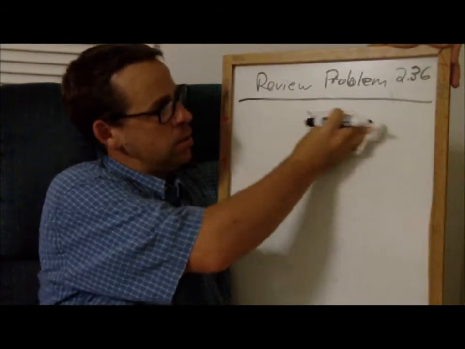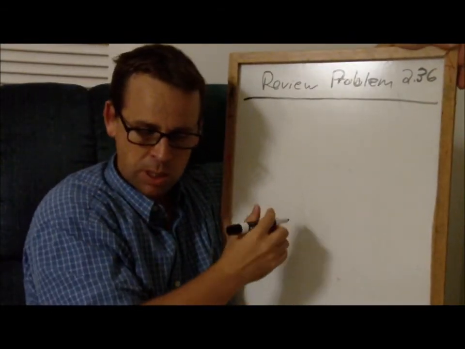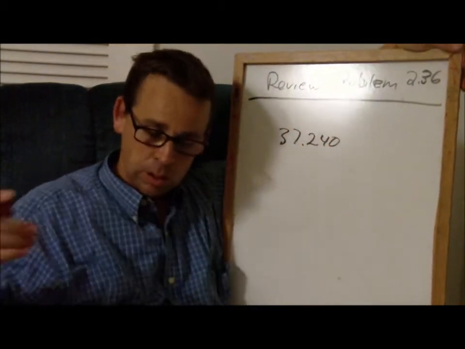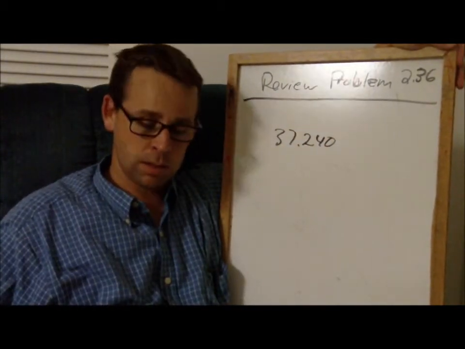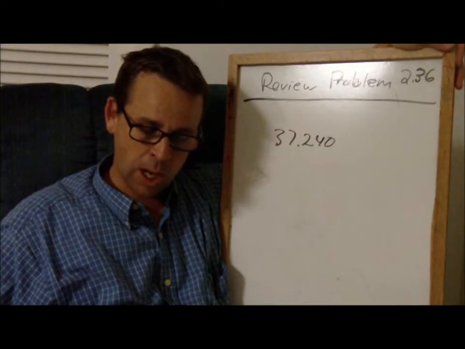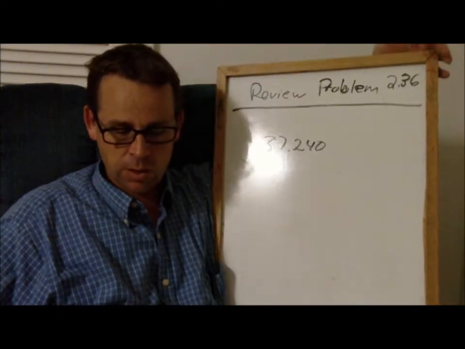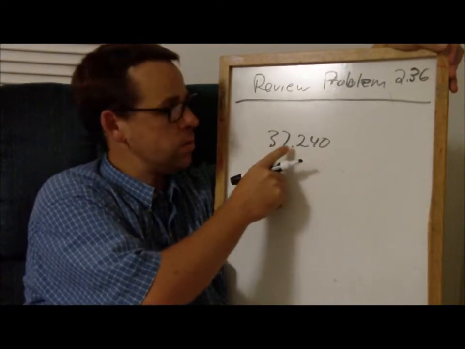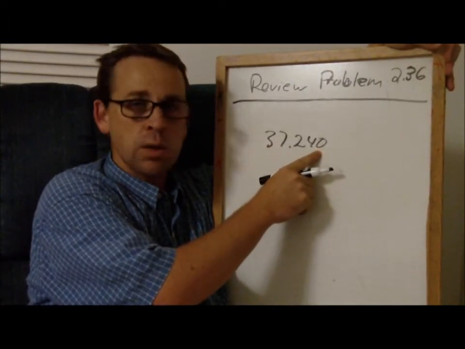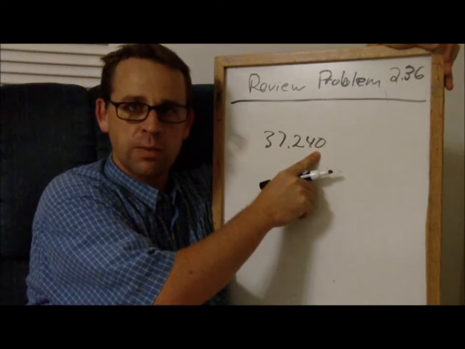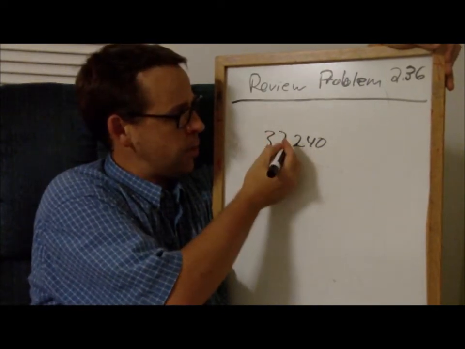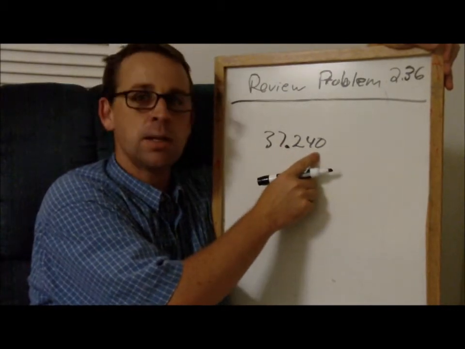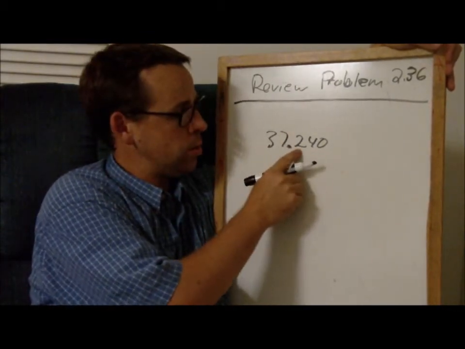So that's 236A. 236B, 37.240. This is in centimeters, but that doesn't alter how many significant figures there are. Numbers that aren't zeros are all significant, and zeros at the end, after the decimal point, are significant as well. So that's 1, 2, 3, 4, 5.